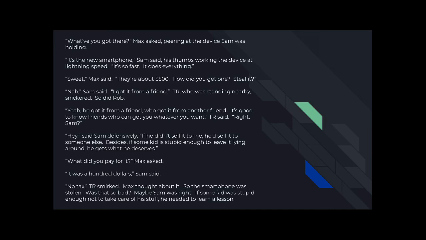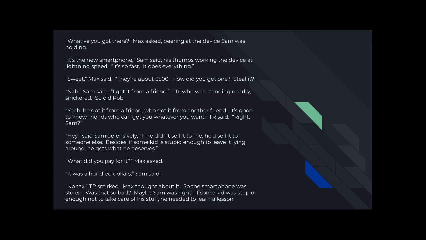"What have you got there?" Max asked, peering at the device Sam was holding. "It's the new smartphone," Sam said, his thumbs working the device at lightning speed. "It's so fast it does everything." "Sweet," Max said. "They're about $500. How did you get one? Steal it?" "Nah," Sam said. "I got it from a friend." TR, who was standing nearby, snickered. So did Rob. "Yeah, he got it from a friend who got it from another friend. It's good to know friends who can get you whatever you want," TR said.